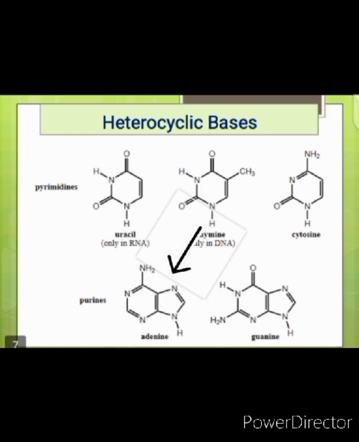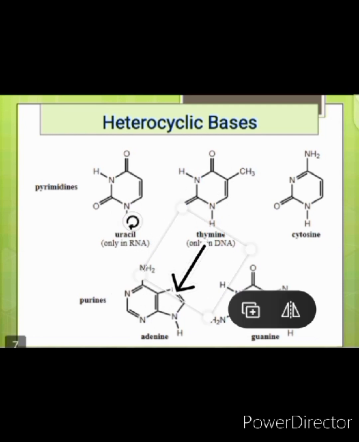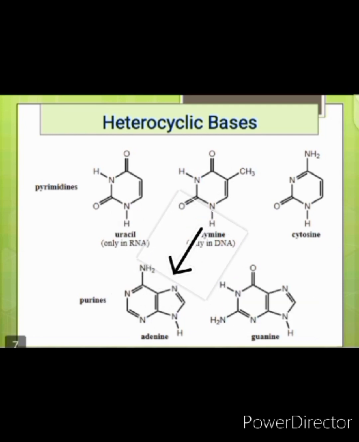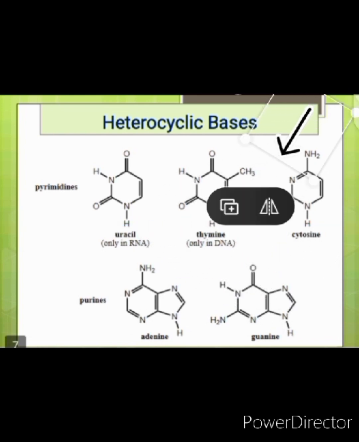In purine, as I said a while ago, it is a double ring structure with a 6-membered ring fused to a 5-membered ring. So from 6 to 5. Examples are adenine and guanine. These are the examples of heterocyclic bases in pyrimidines and purine.